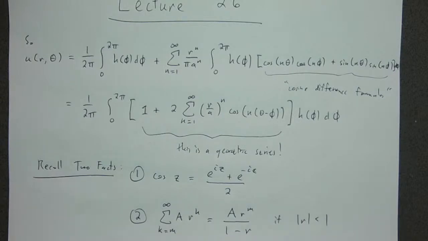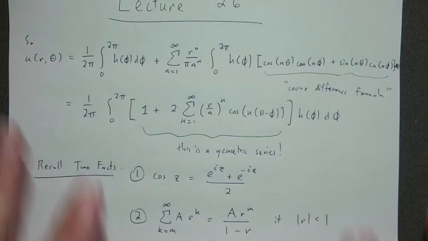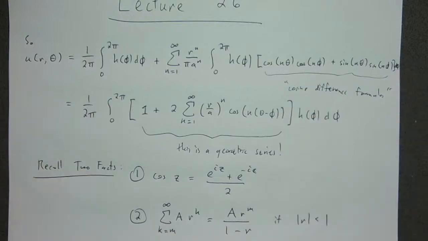The way that you see how this works, you can let A be 1 and say start this at 0. And just formally, you can show that an infinite polynomial, 1 plus r plus r squared plus r cubed, and so on out to infinity, has an inverse, which is 1 minus r, right? If you multiply it by 1 minus r, you get 1, right? Assuming you can do that infinite multiplication.